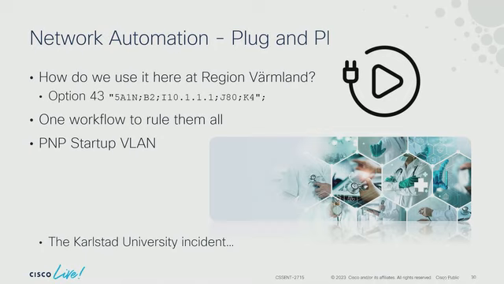Anyway, you can also use the plug and play startup VLAN to have more control on which type of VLAN the switch will boot up on. So that's the one thing you'll configure on your seed switch. And one more example regarding those fixed switches.